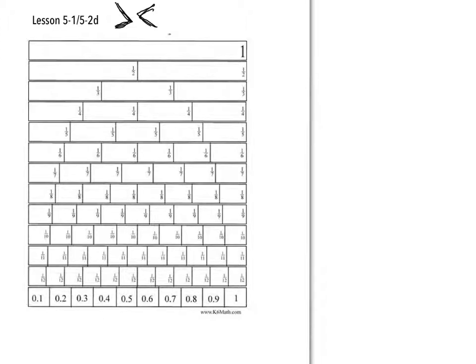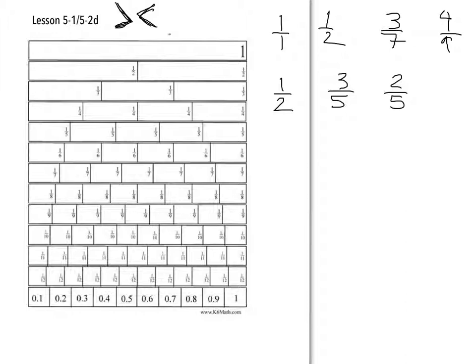All right. First one is 1/1 or 1/2. Then we have 3/7 or 4/9. And we have 1/2 or 3/5. We have 2/5 or 4/7.